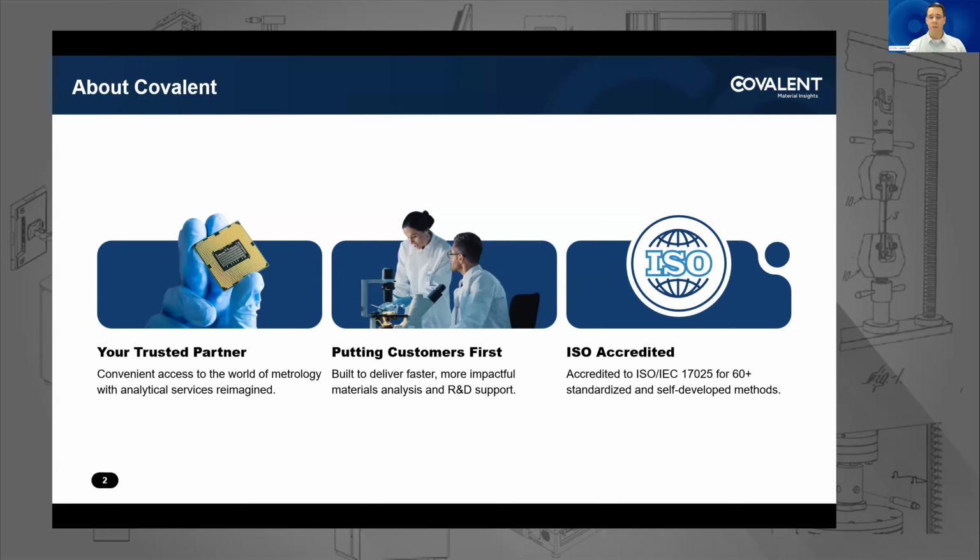We put our customers first. We want to deliver faster, more impactful materials and analysis to support R&D or any type of quality issues our customers may have. And to make sure that you can be confident that we're giving you high quality results, we have ISO accreditation.